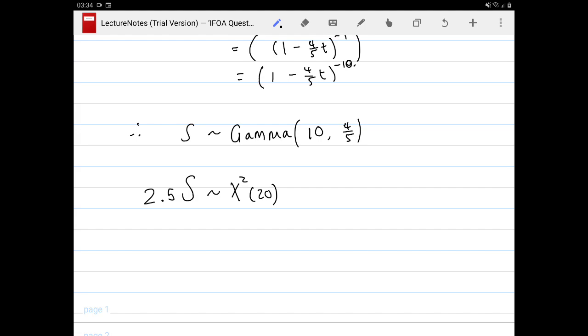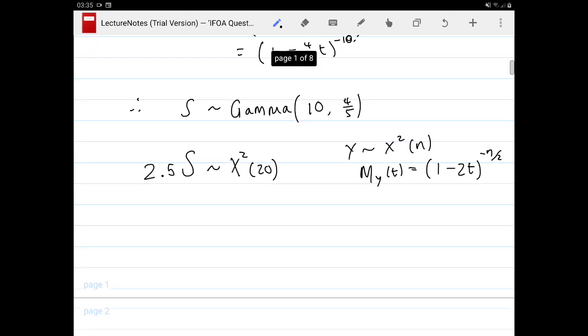It's important to know what the chi-squared MGF looks like. If Y is chi-squared with n degrees of freedom, then the MGF of Y is 1 minus 2t to the power of negative n over 2. Now we just need to show that the MGF of this is equal to that, where n is replaced with 20.